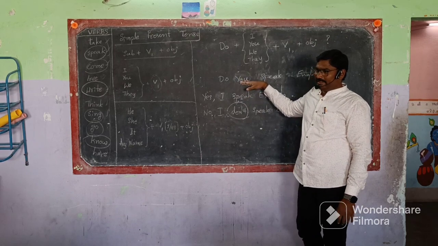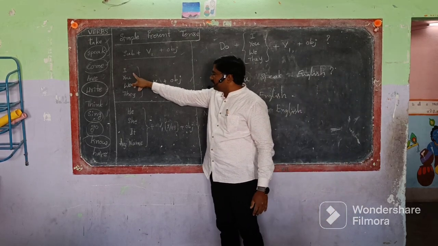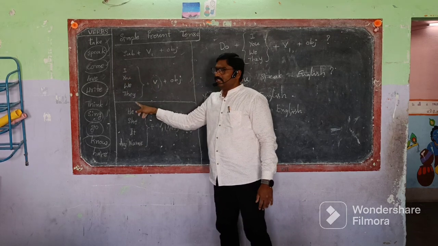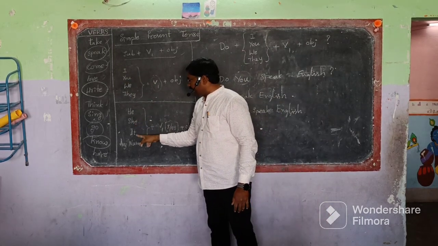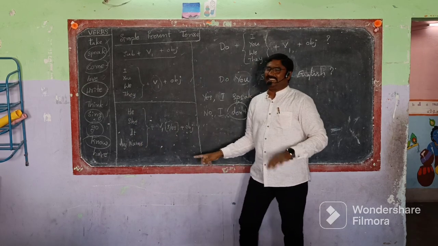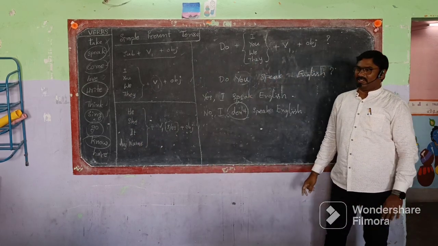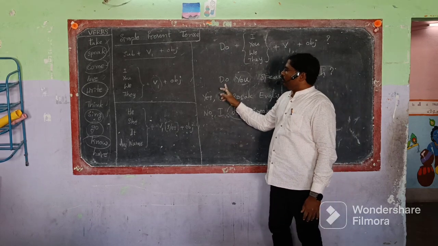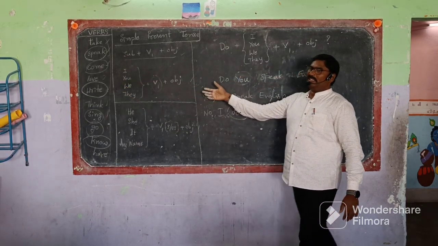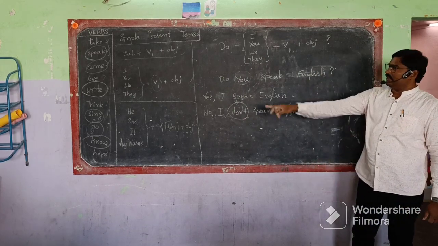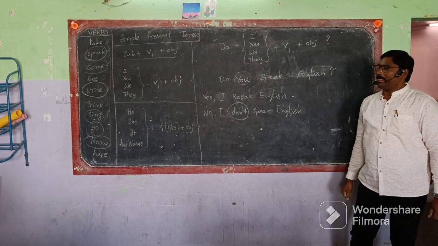Only for these four pronouns we start with do. But for the pronouns he, she, it, it starts with does. So first we start with do, using these four pronouns, and form sentences with different verbs.